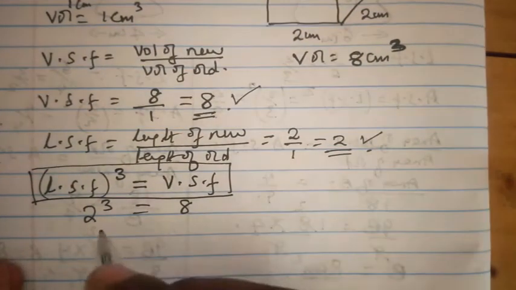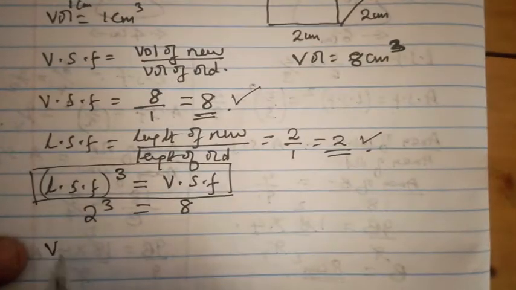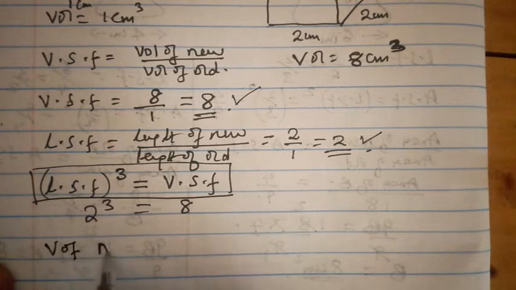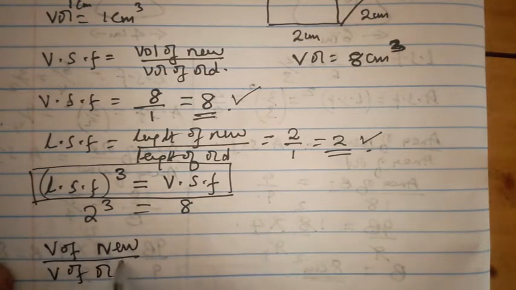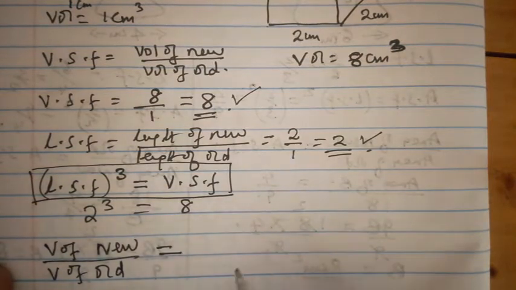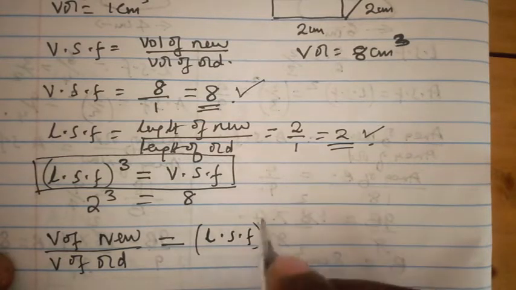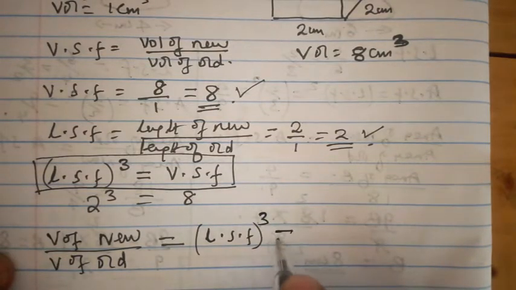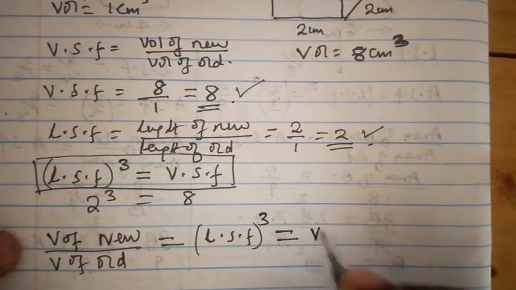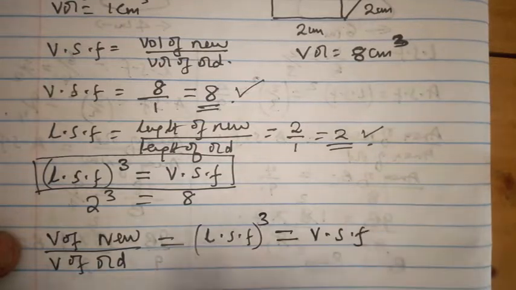We are saying this, that the volume of new over the volume of old is very much equivalent to the linear scale factor cubed, and both of them give us the volume scale factor.